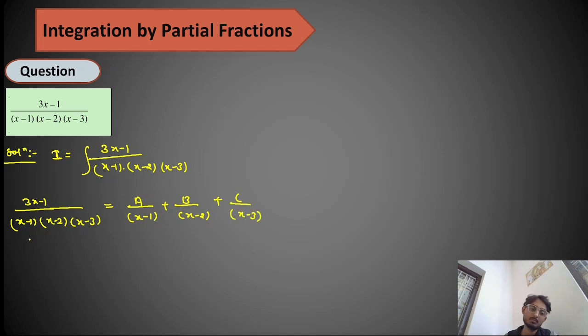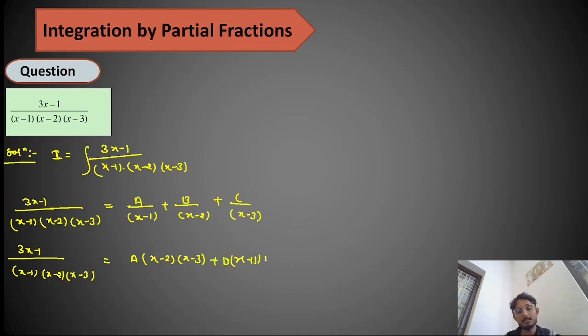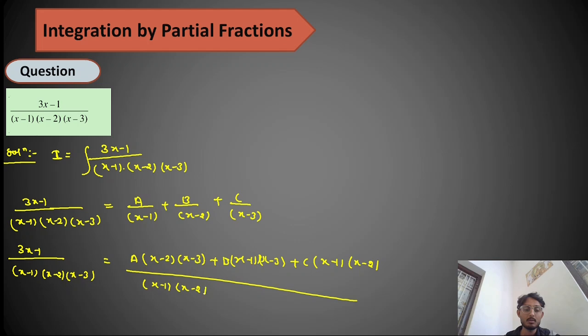Now we can write this as A into (x minus 2)(x minus 3) plus B into (x minus 1)(x minus 3) plus C into (x minus 1)(x minus 2), upon (x minus 1)(x minus 2)(x minus 3).